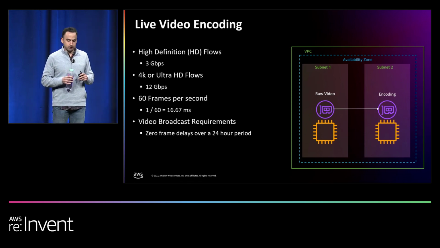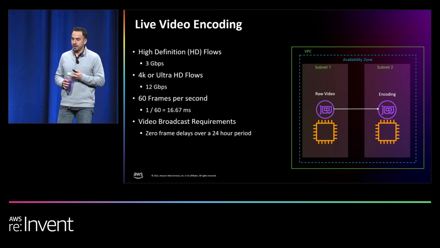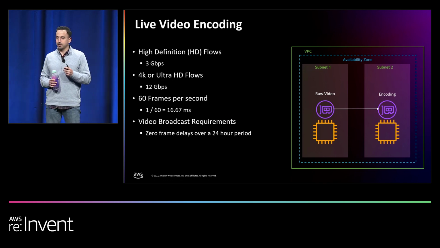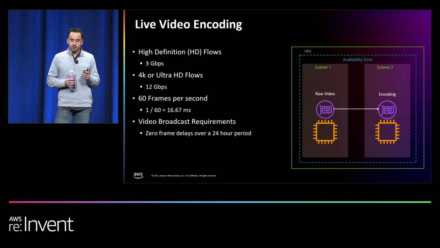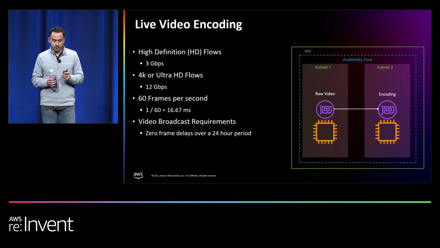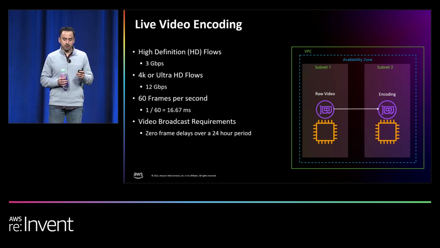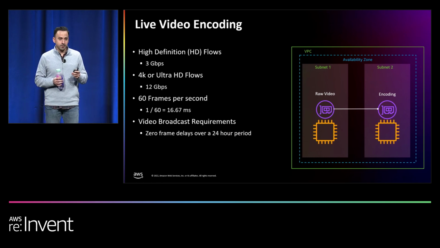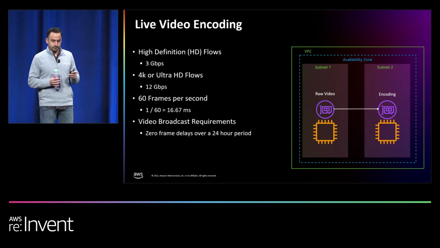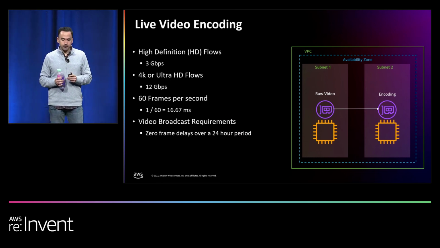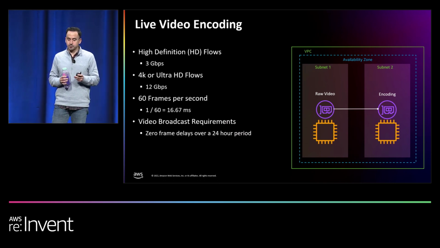As a few data points of reference, a single uncompressed high-definition flow operates at about 3 gigabits per second. A 4K or ultra-high-definition flow operates at 12 gigabits per second. Before ENA Express, this flow rate wasn't possible with ENA for a single stream, as we are limited to 5 gigabits per second. Additionally, video operates at 60 frames per second.